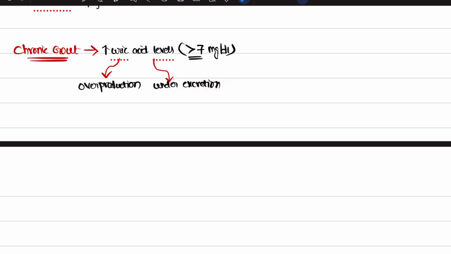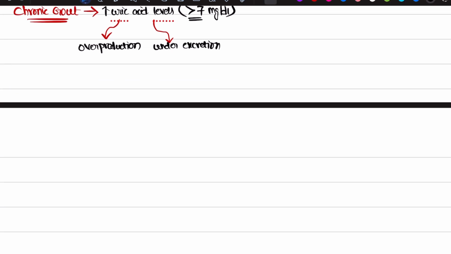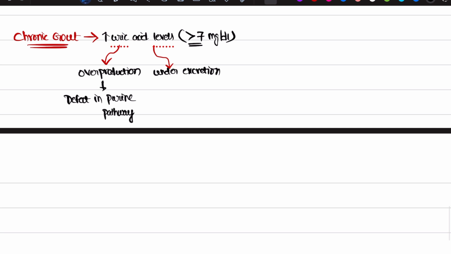If there is decreased excretion, the uric acid levels will increase in our body. So this overproduction is due to a defect in the purine pathway. This defect in the purine pathway leads to overproduction, and that will further cause an increase in the uric acid levels in our body.